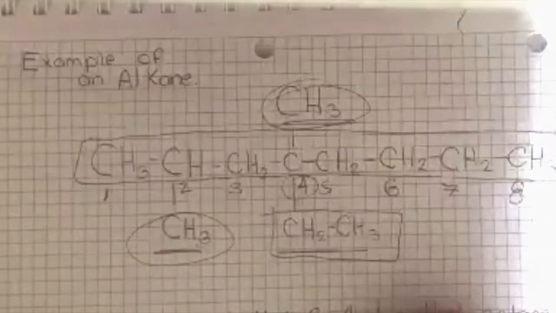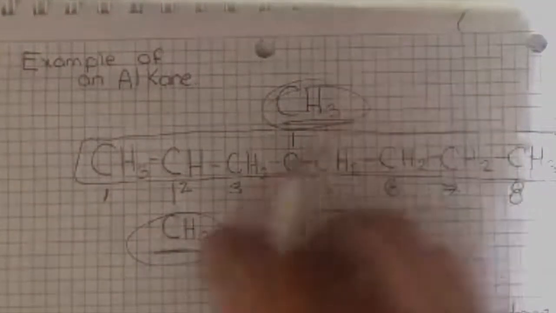Dimethyl because we have 2 methyls on different carbons, and octane because the parent chain has 8 carbons.